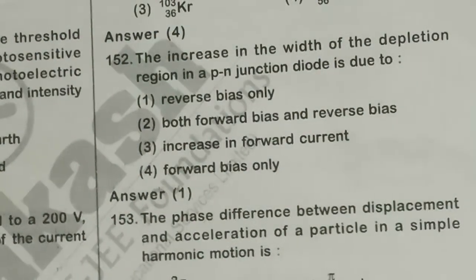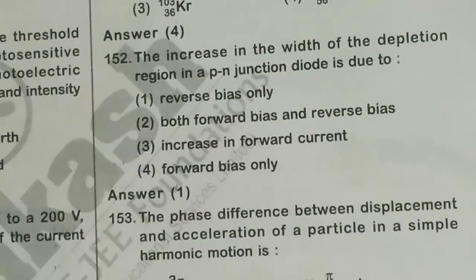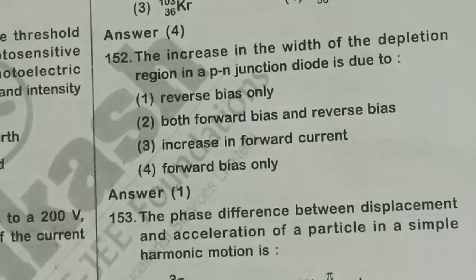Next one we come to is 152. The increase in the width of the depletion region in a PN junction diode is due to. There are two types of bias: one is forward bias, another is reverse bias. In forward bias, the width of the depletion layer decreases, hence there is easy crossing of holes and electrons across the junction and current conduction takes place.